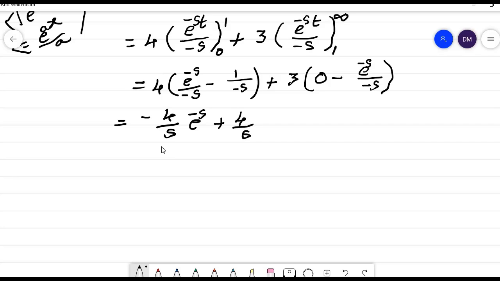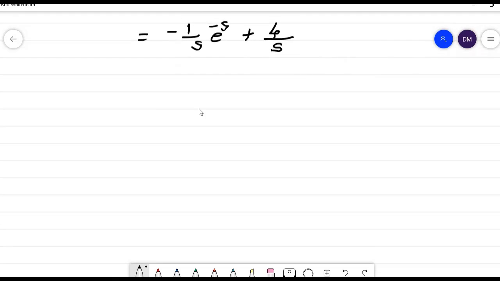Here minus minus is plus 3 by s into e power minus s. So this is equal to minus 4 by s e power minus s plus 3 by s e power minus s, which is minus 1 by s e power minus s, plus 4 by s. So this is the problem number 4.